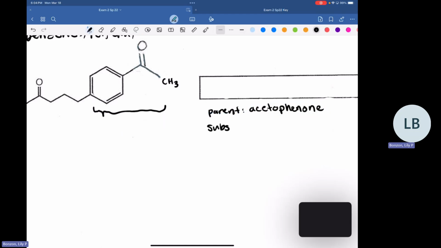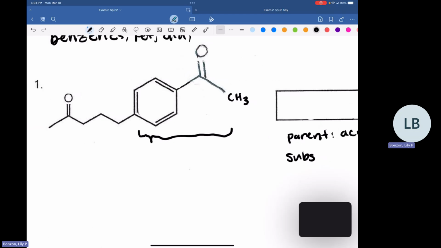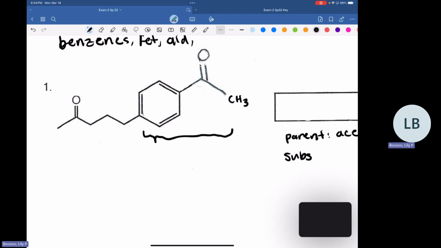So other than the group on the right, we have this group over here on the left. Starting from the parent, we're just going to number around the benzene. So 1, 2, 3, 4. And if you go the other way, you'll still get the same numbering, so in this case, it doesn't matter which way you number the ring.